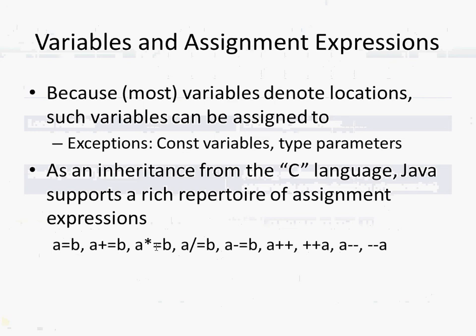A plus equals B means A equals A plus B. A times equals B means A equals A times B. A divided equals B means A equals A divided by B. You'll see all of these. They're fairly well represented in code. Okay.